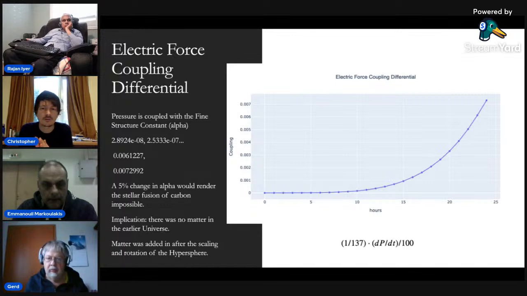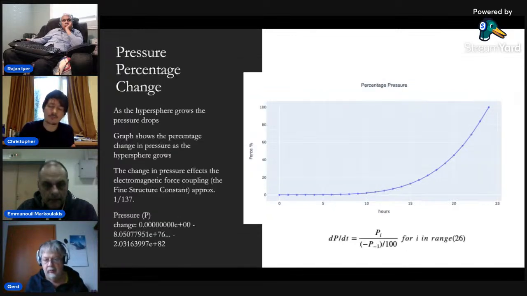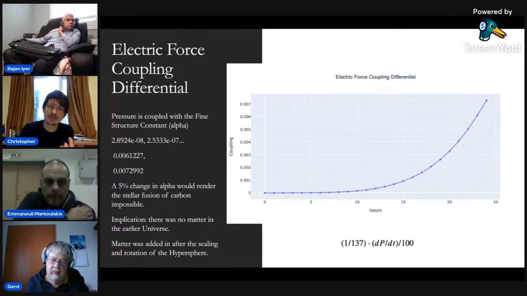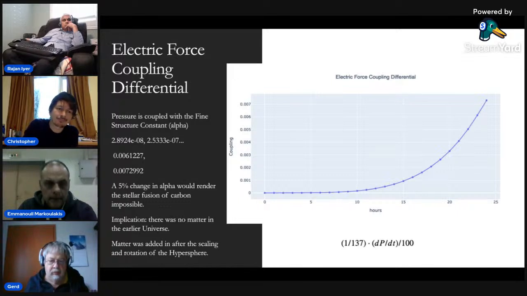Because we have the pressure percentage change, we know that this is linked to the electric force via the gravitational force. These are the values that they start from, and this is the last value, which is alpha.